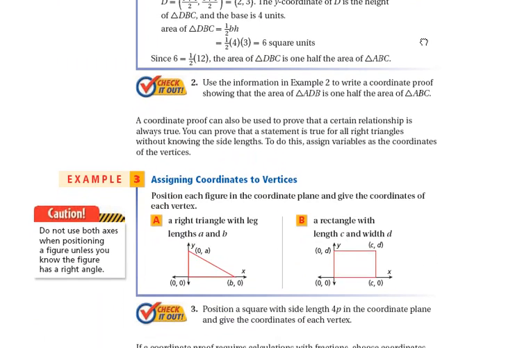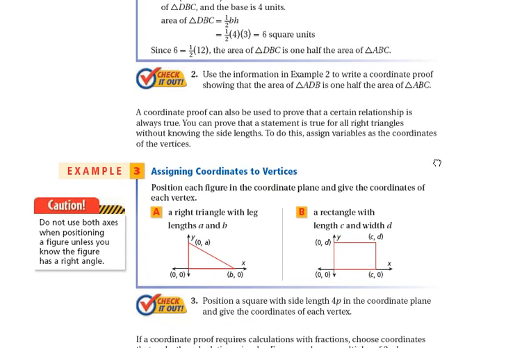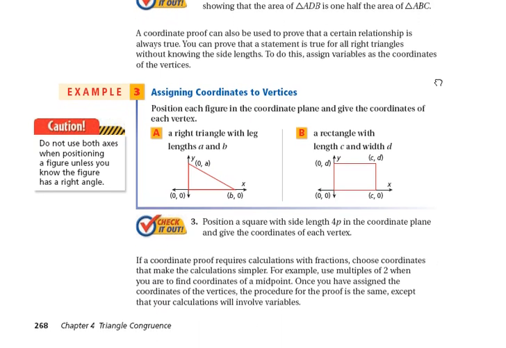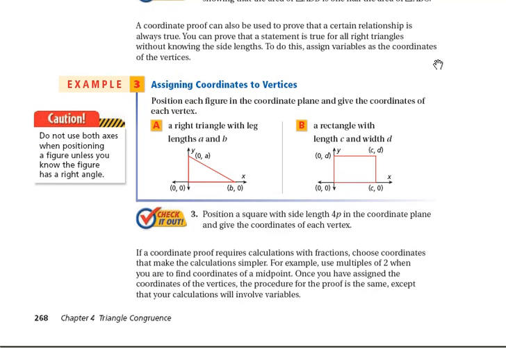The other thing really quick to mention here is that you don't always do proofs with actual numbers. Sometimes you do these proofs with generic variables, and you'll see that here with a couple of examples where you have a triangle, one vertex is located at the origin, and then you don't know the exact distance of these sides, so you label them with variables b and a.